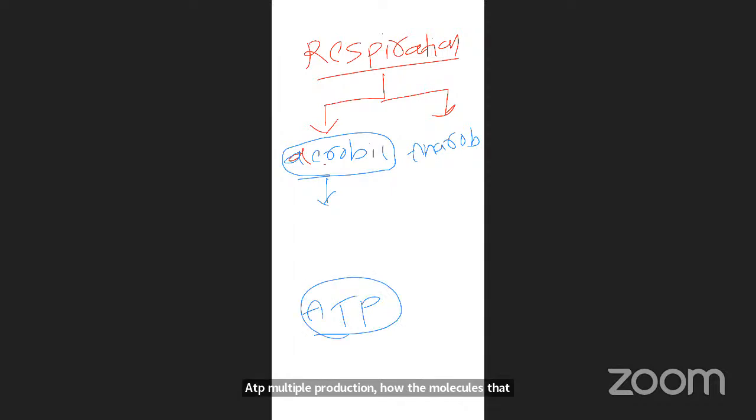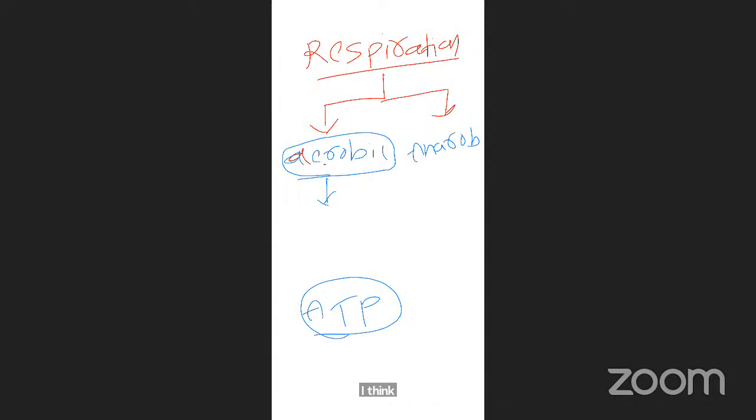With the help of some enzymes involved in respiration. These enzymes react on the substrate molecule. What is the first substrate for respiration? I think pyruvic acid.